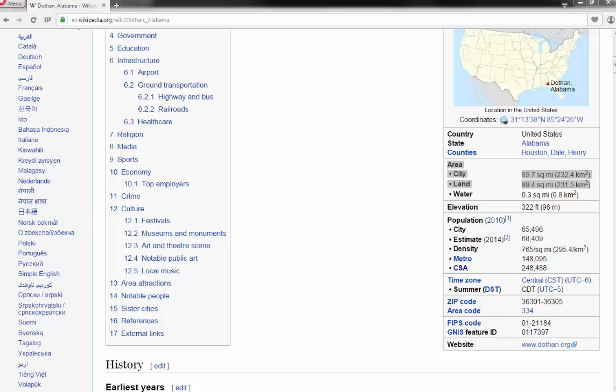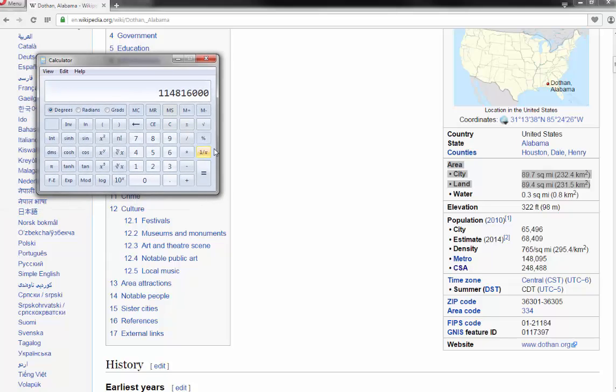So if we pull open a calculator, and we note that there's 89.4 square miles, and we decide we're going to convert that into meters.